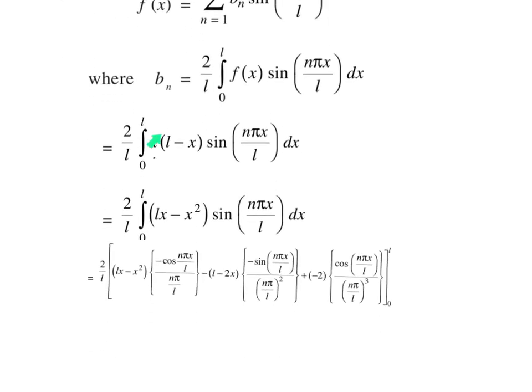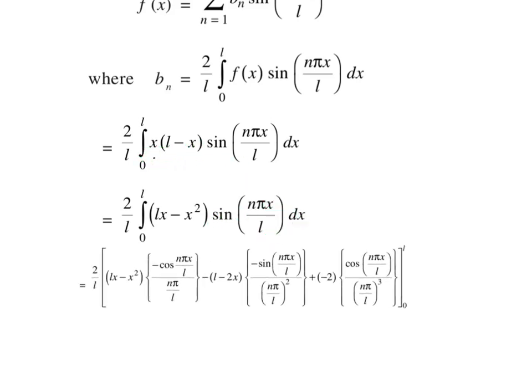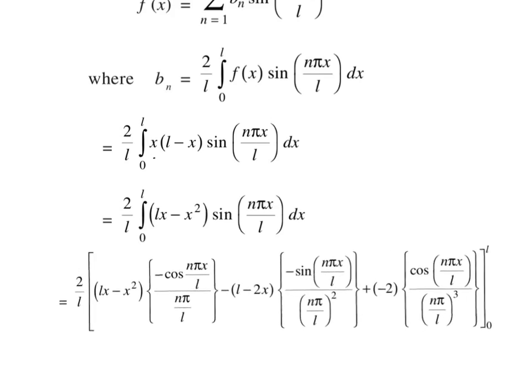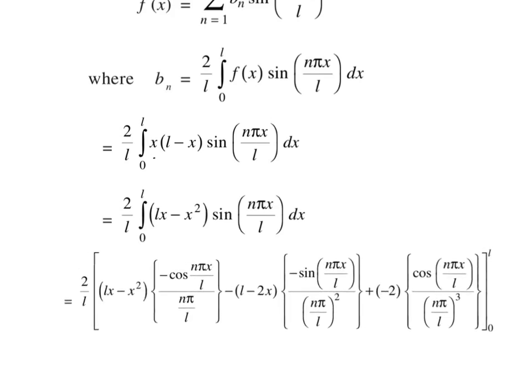Then we integrate this by Bernoulli's rule of integration. Keeping 2 by L as it is, Lx minus x square is the first function, this is u, and this is v.